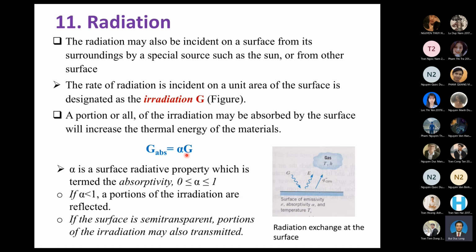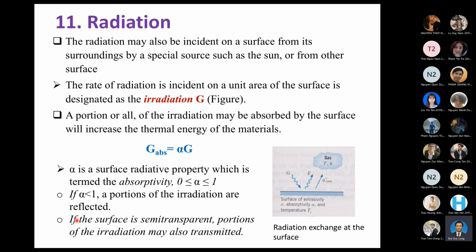If alpha is less than 1, a portion of the incident radiation will be reflected, or transmitted, going through the surface.